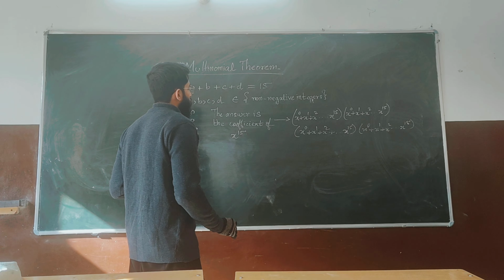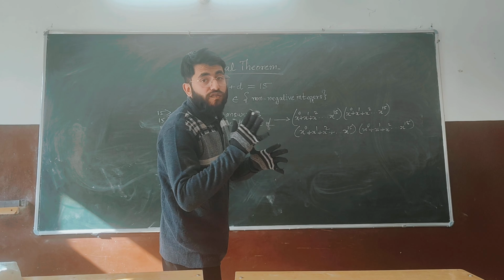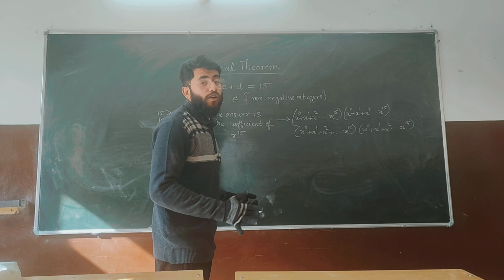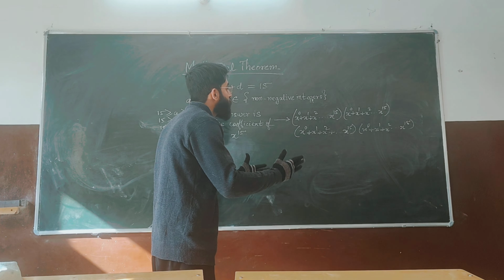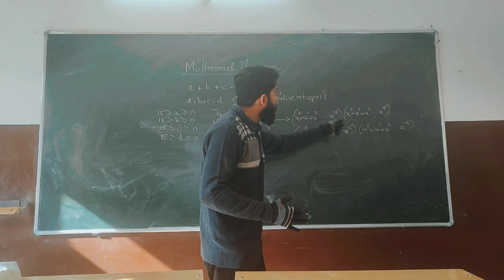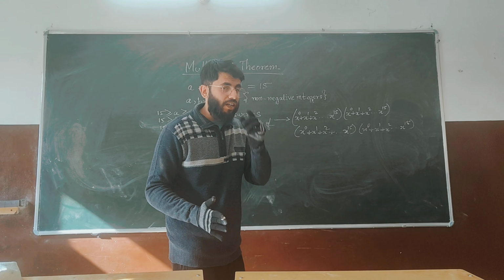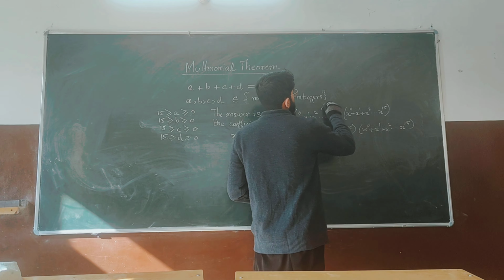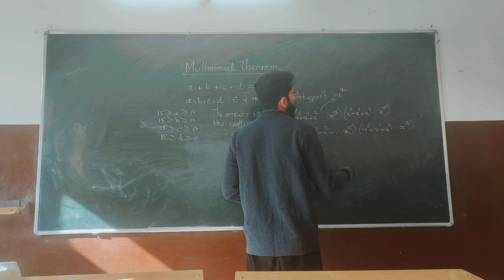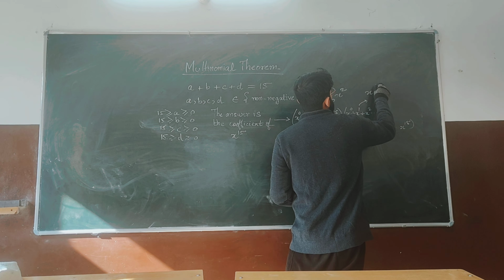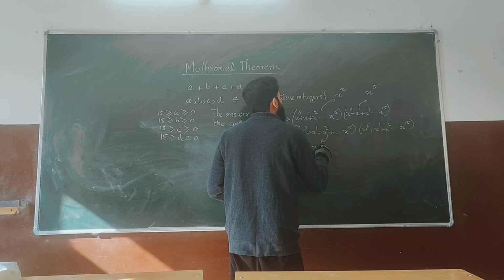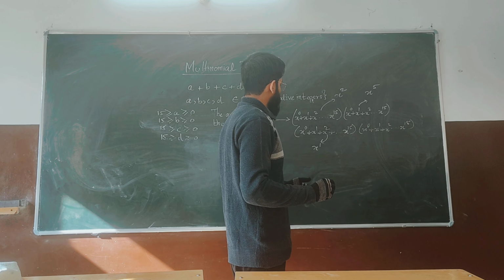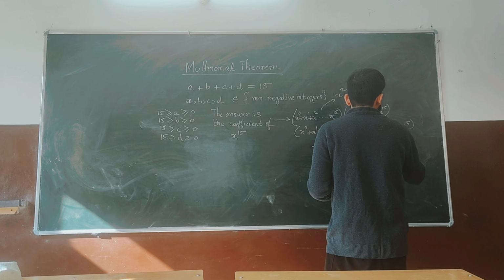For example, I want to find out the coefficient of x to the power of 15. That means I want to know in how many ways we can multiply these and get x to the power 15. For example, if I select x square from here, x to the power 5 from here, and x to the power 1 from here, then from the last bracket I need x to the power 7.